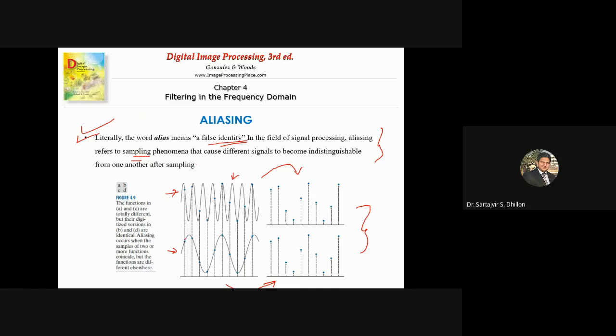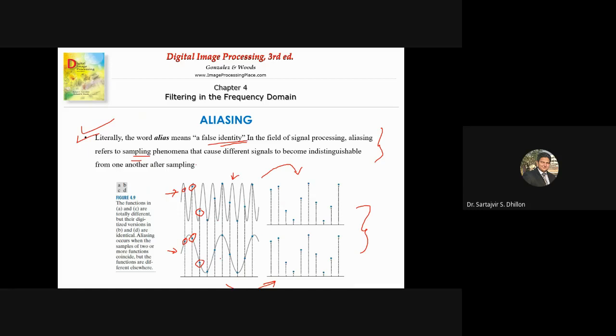Here you can see how this sampled signal has been formed with the help of these impulses. Check the position of both signals when they strike through the plane of impulses. They look like they are at the same position, but in actual fact there is a difference between these two signals, but their sampled output is the same.